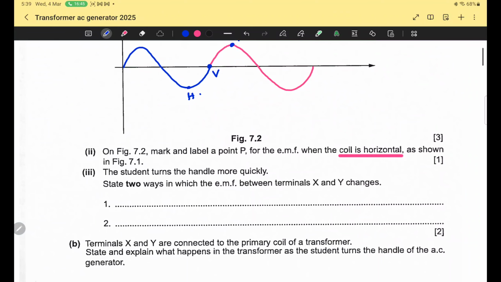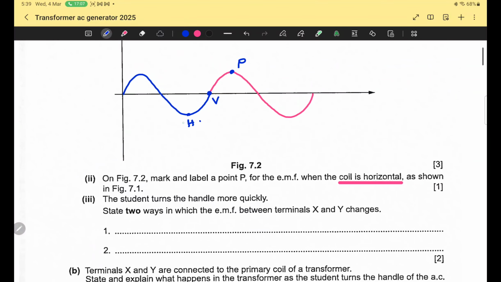And now the student turns the handle more quickly. It means the speed of the coil rotation is increased. Yes, maximum is maximum. And the lower one is also correct. Actually, the graph below the x-axis shows that the direction of the current is reversed.